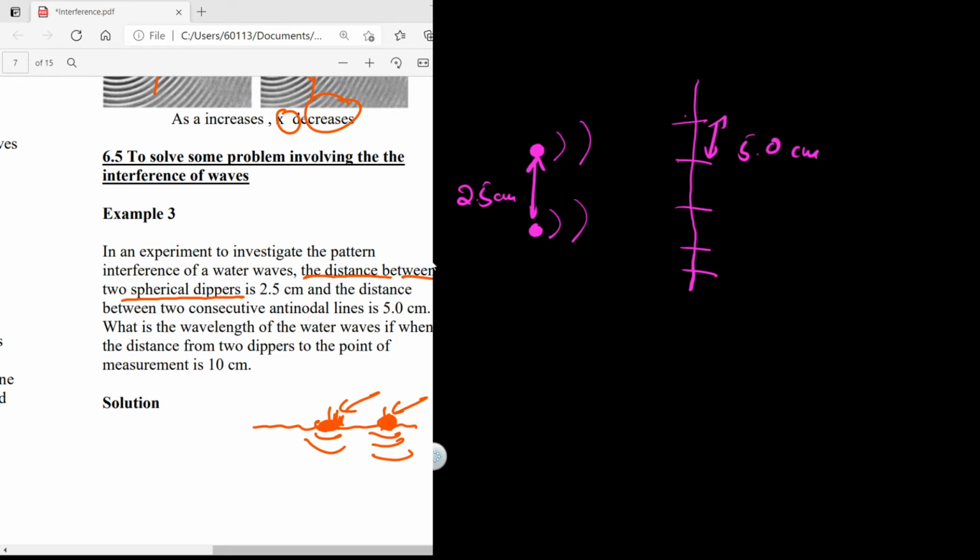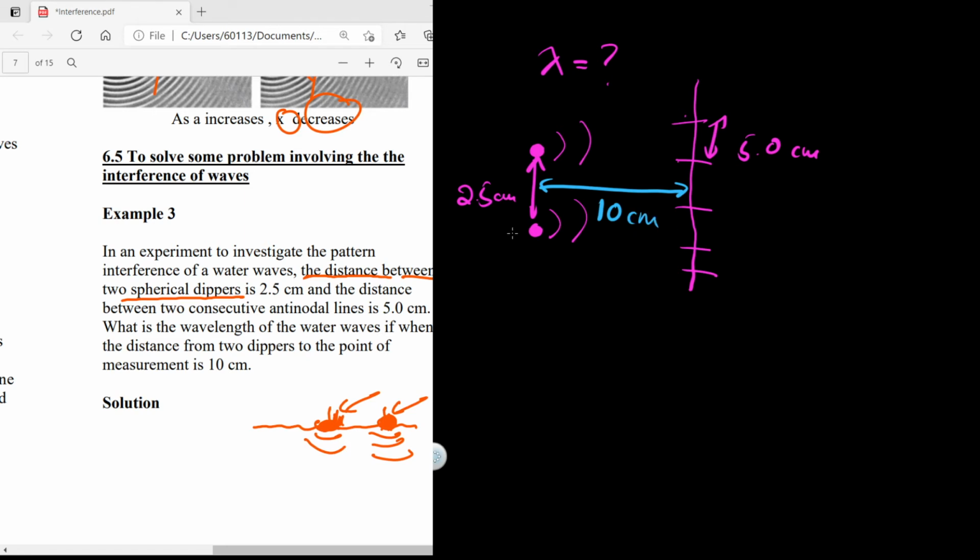What is the wavelength of the water wave if the distance from the two dippers to the point of measurement is 10 cm? This is the point of measurement, the distance where we want to measure the antinodal and nodal lines. It is given as 10 cm.